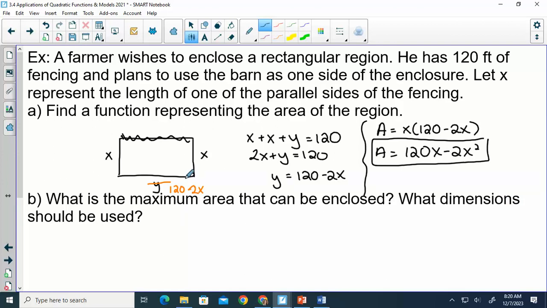Part B, we want the maximum area. So what am I asking you to find? Vertex. How do we find it?